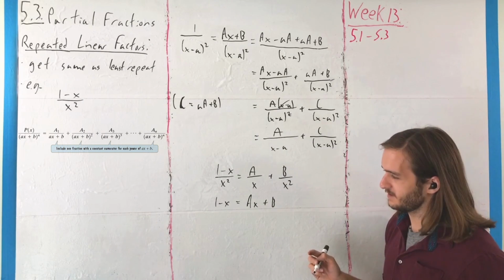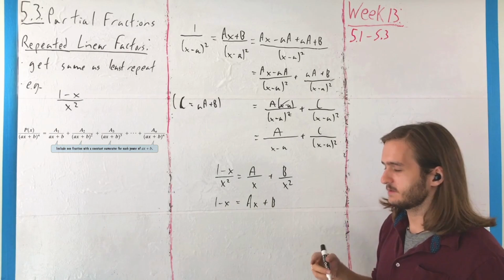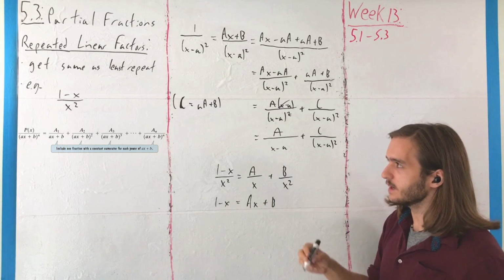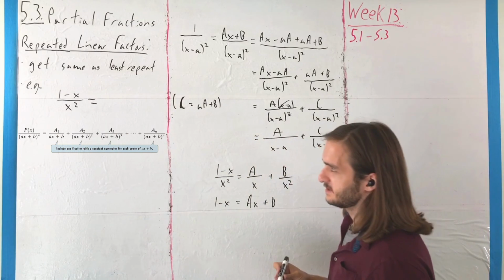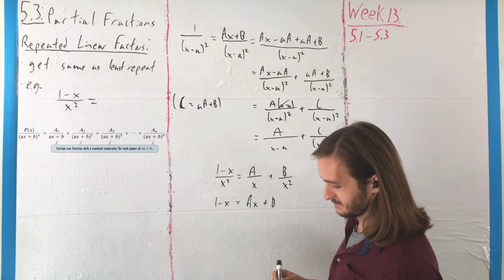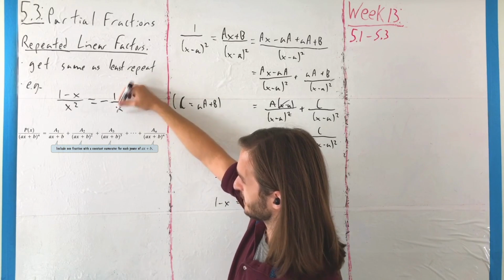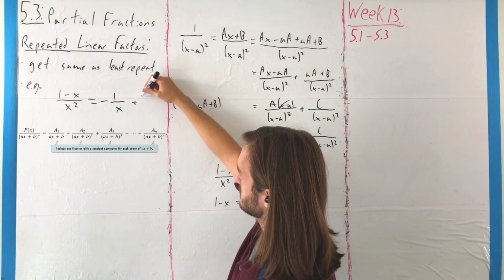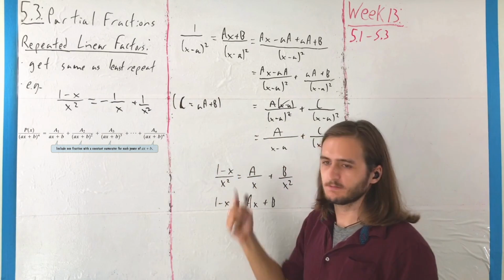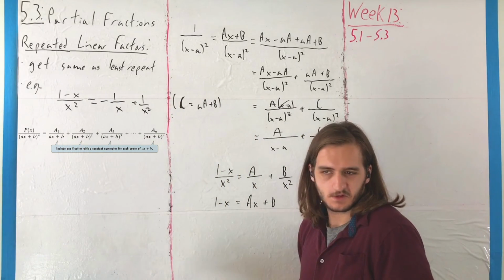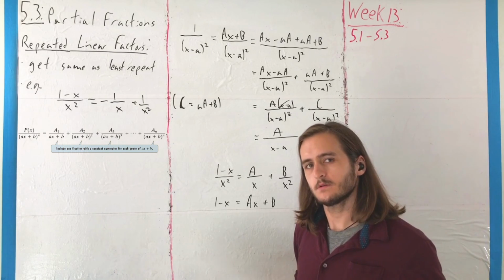You should plug in some values to solve it, but hopefully you can tell that looking at this, hey, that means a has to be -1 and b has to be 1. So if you want to write this out, to split this up, you actually don't really have to do anything. It's really just -1 over x plus 1 over x squared. Because you can just split up the top and there's nothing really interesting going on in the bottom. So that's not really a very good example.